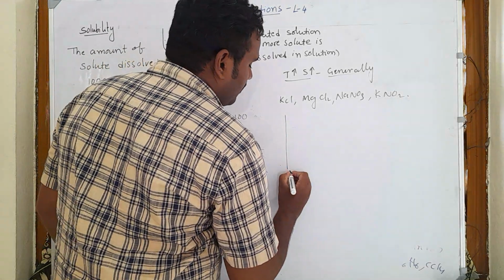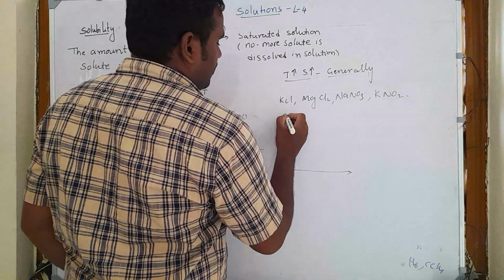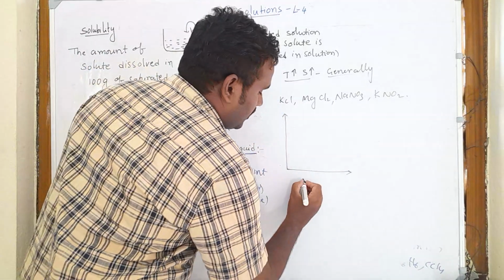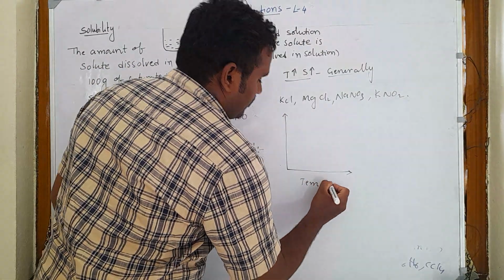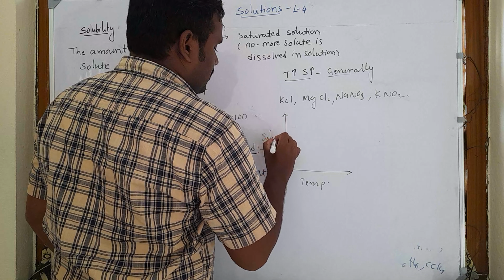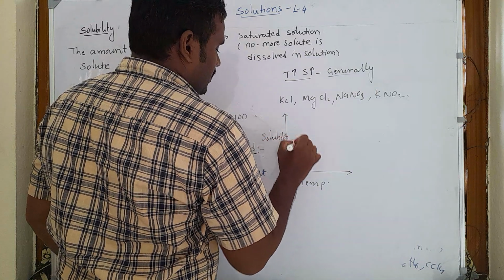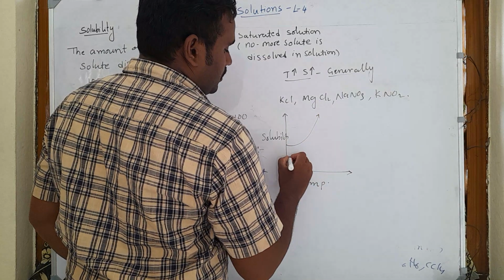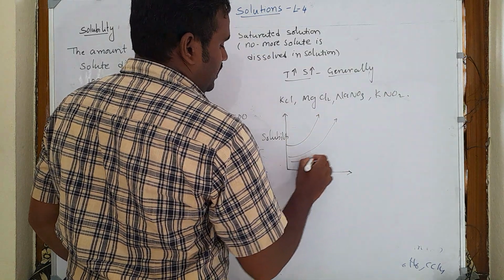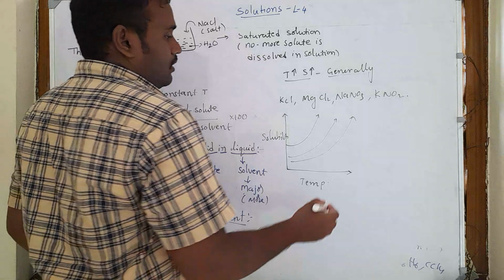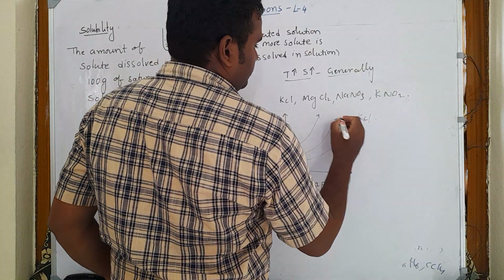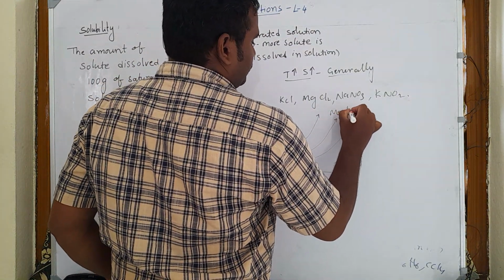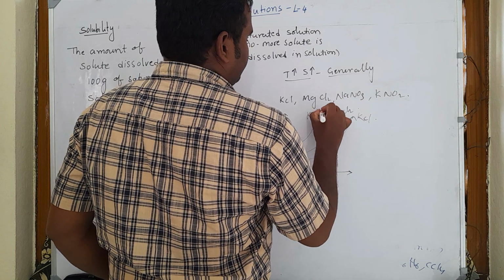Here when you draw a graph between temperature and solubility, temperature increases, solubility also increases. For example, KCl, MgCl2, KNO3.